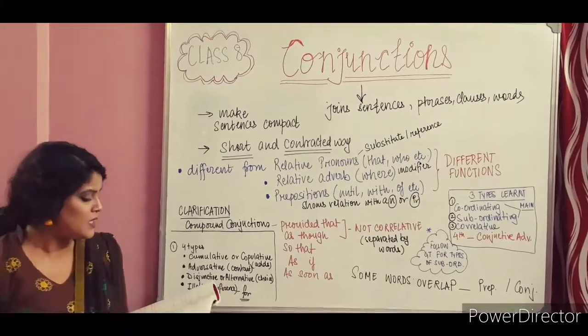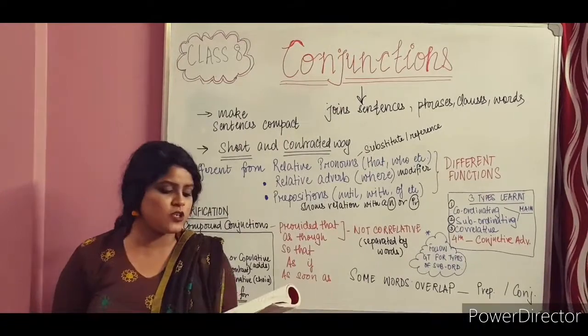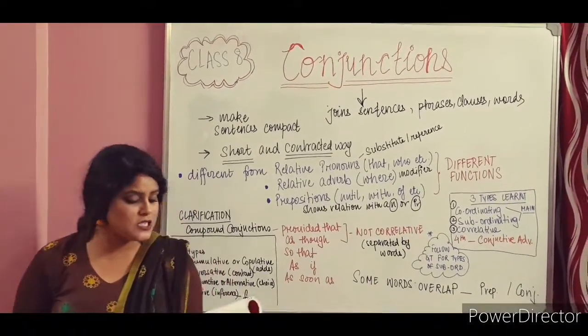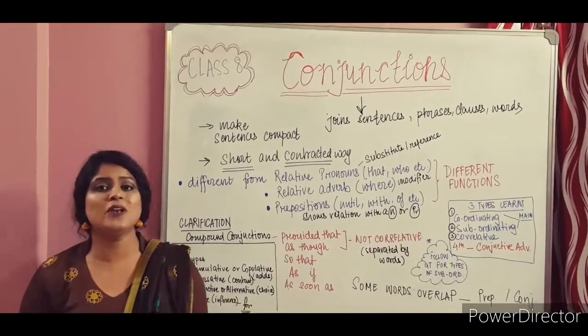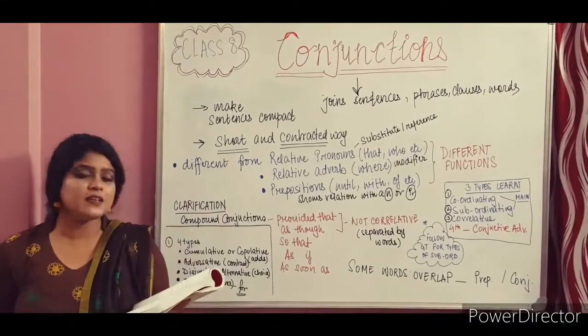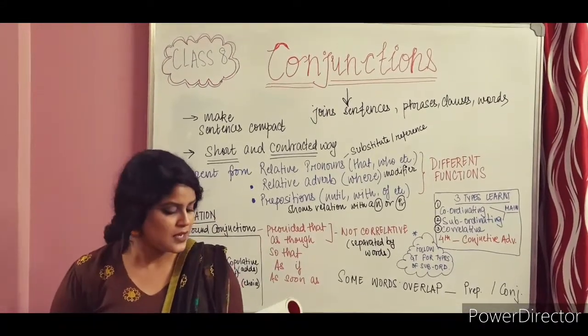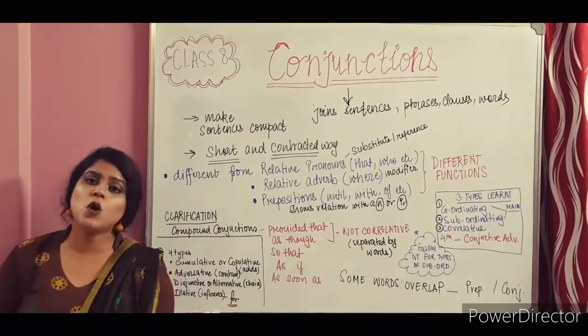Okay. Now the third is disjunctive or alternative, expressing a choice. So we would use: She must weep or she will fall ill. Either he is mad or he fakes madness. Neither a borrower nor a lender be.